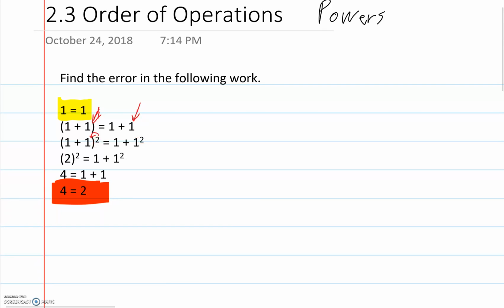Well, our error is in this step, assuming that we can add an exponent of 2, that we can square it in the same spot once we have put that bracket, and we can't. The reason for that is something pretty amazing that most math people will call BEDMAS.